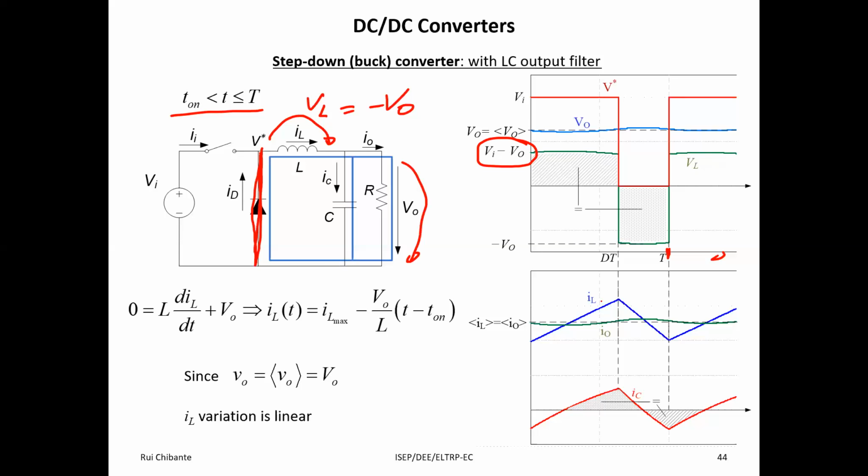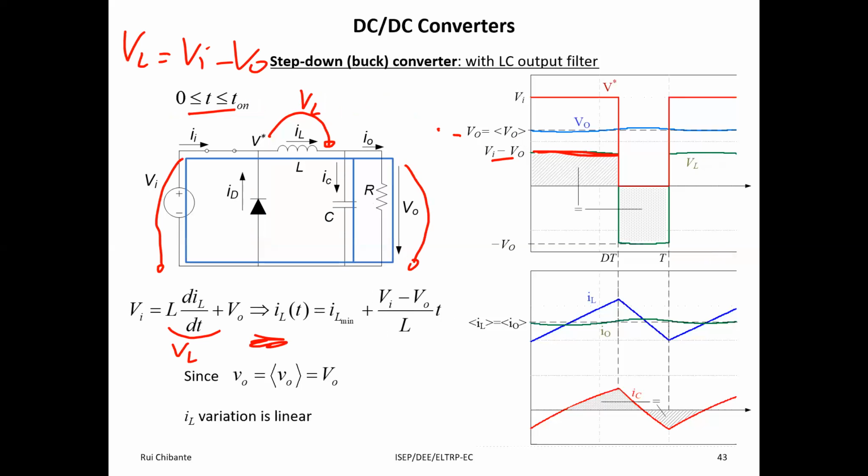In terms of the currents, from the equation that I mentioned before, VI is equal to VL plus VO. If I solve this equation for the current in the inductor, because it is the unknown.